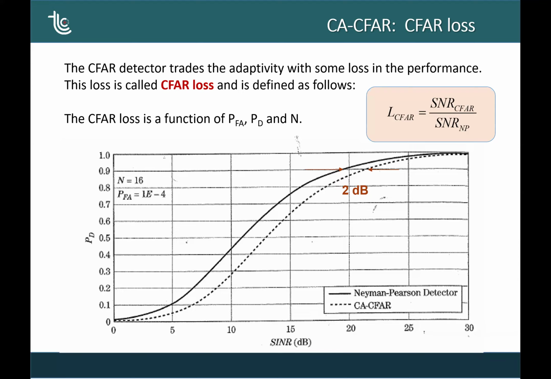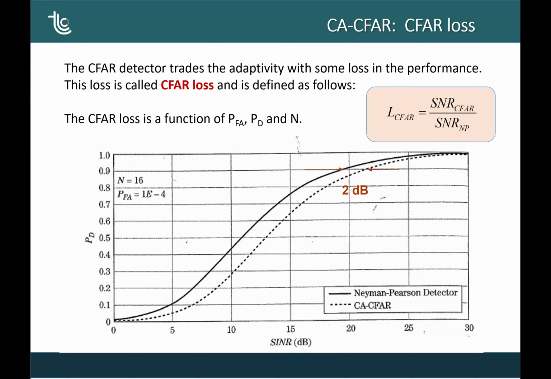You see here that if we want to have a PD that is 0.9, okay, and a PFA that is 10 to minus 4, and then we have a number of cells that we use for estimating the power that is 16, then the difference in dB for getting the same performance is almost 2 dBs, okay?